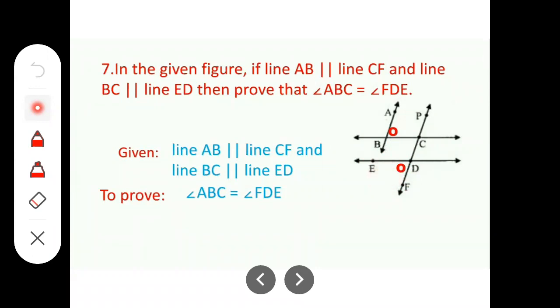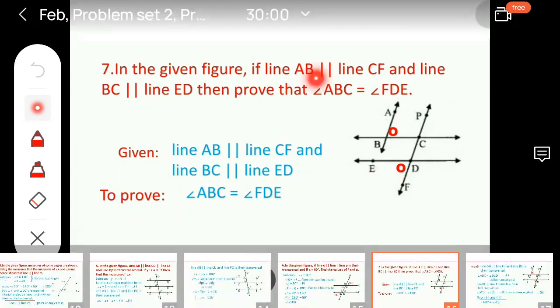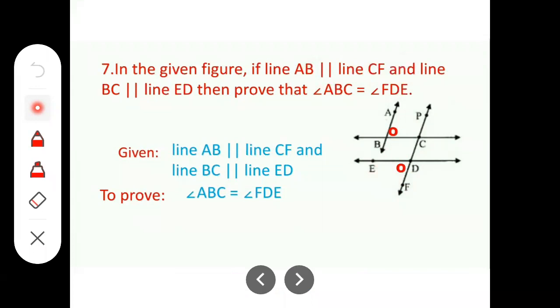So again write the given, whatever is given, the same. Copy it down. What to prove? This one. Again, write it here as to prove. And now the proof. So, see the proof here.